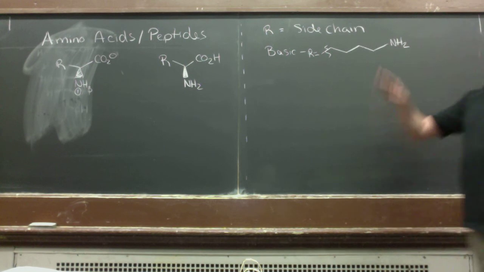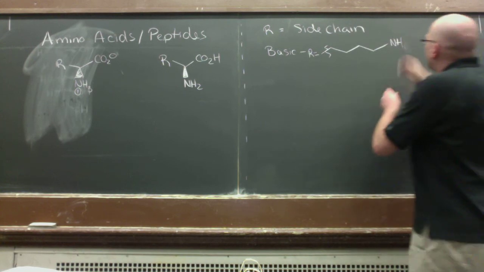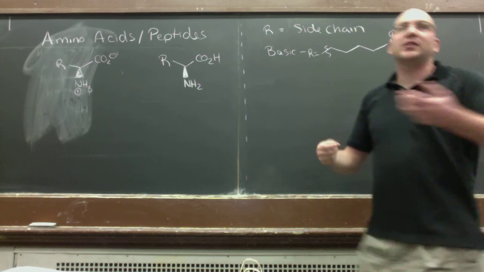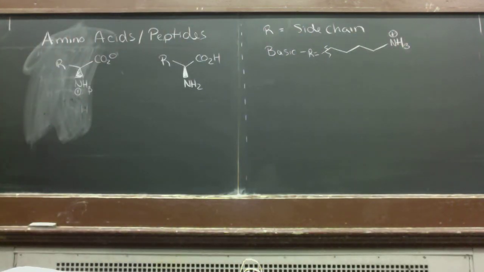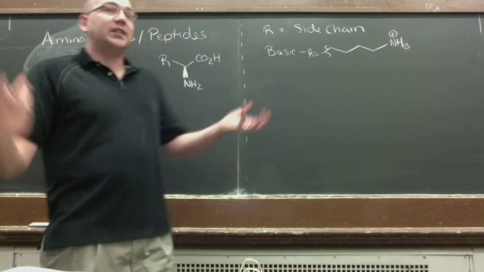At physiological pH, it's probably not going to be neutral. It's probably going to be positively charged, for the same reasons we outlined previously. So this could be a side chain. You can think about it as being basic, but really oftentimes what happens is that the side chain is actually positively charged. So you can think about it as being a basic residue, or you can think about the side chain being positively charged.